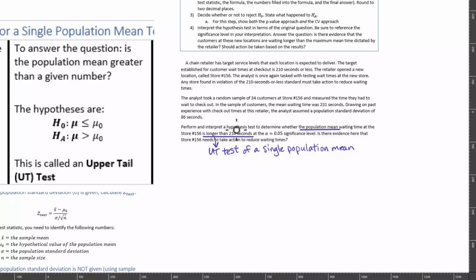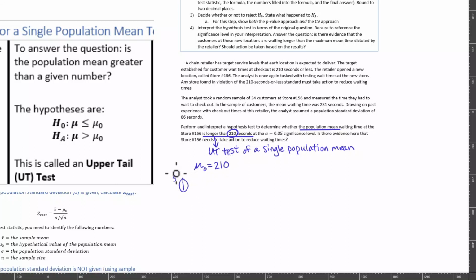In this case, that is going to be 210, because that's what they want to know. Is this population mean mu longer than 210? And that is actually what the alternative hypothesis says in words in the upper tail test.